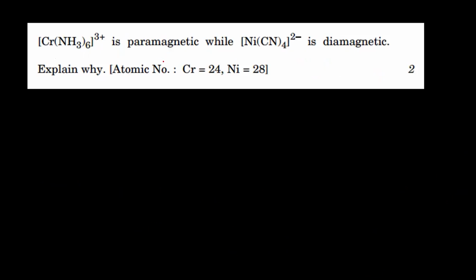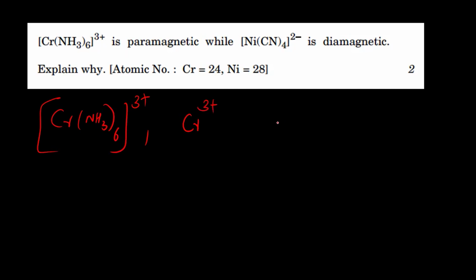[Cr(NH3)6]3+ is paramagnetic, while [Ni(CN)4]2- is diamagnetic. Okay, let us do this. Ammonia is a weak ligand, right? In [Cr(NH3)6]3+, Cr is 3+.